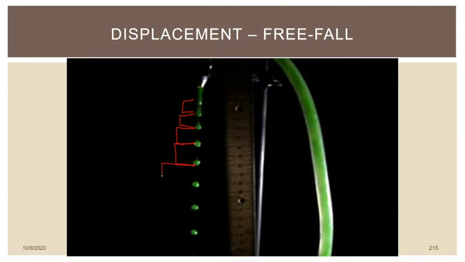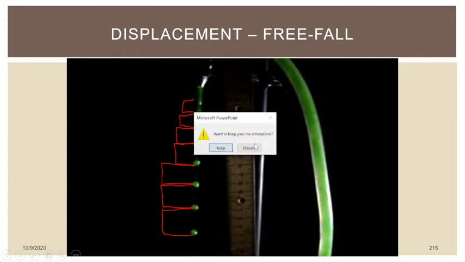And the idea is, if you look at each successive time interval, you can see that the distance is getting bigger and bigger and bigger as time goes on. And the distance is getting bigger because the object is accelerating, and that's how we know that it is accelerating.